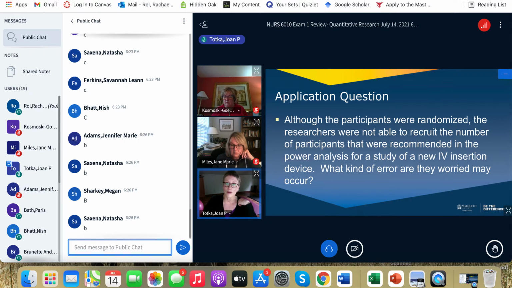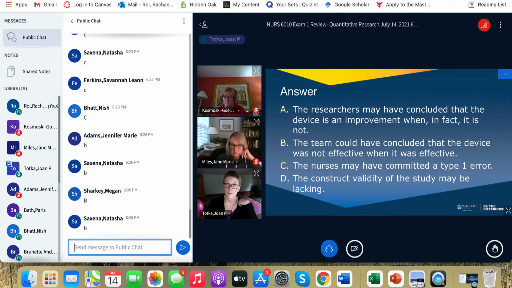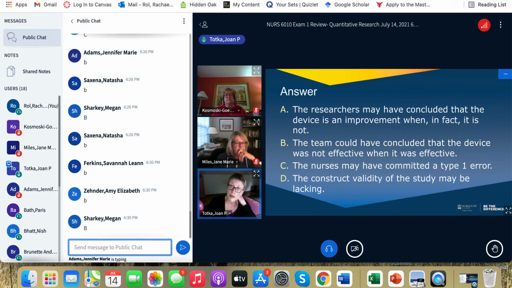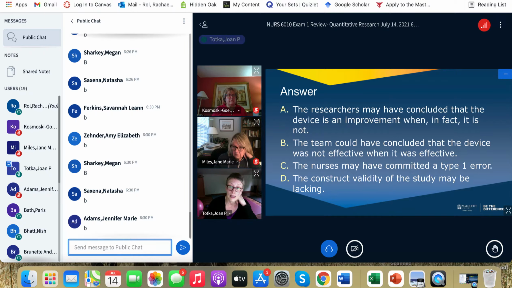What kind of error are they worried might have happened? That the researchers may have concluded that the device is an improvement when in fact it is not. The team could have concluded that the device was not an improvement when in fact it was. The nurses may have committed a type 1 error and the construct validity would be lacking.